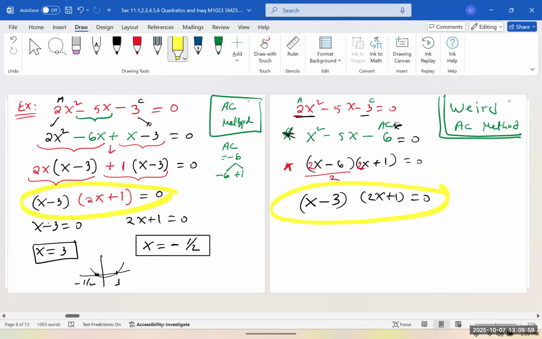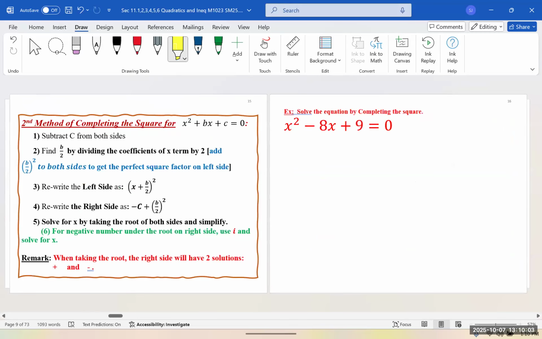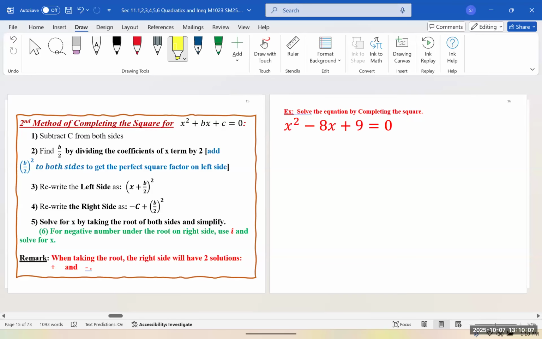Now, not everything is factorable. For example, this one, x squared minus 8x plus 9 equals 0. Can you think of two numbers that multiply to 9 and combine to -8?